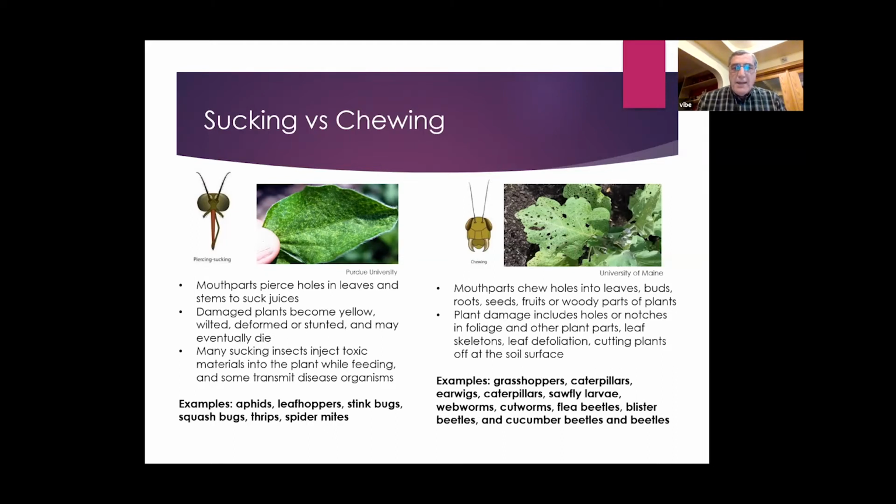And on average, only 1% of those species are harmful to humans and plants. So if you take 1,000 and multiply it times 0.01, you end up with 10 insects that are harmful.